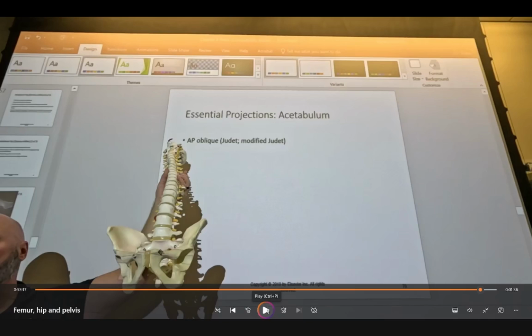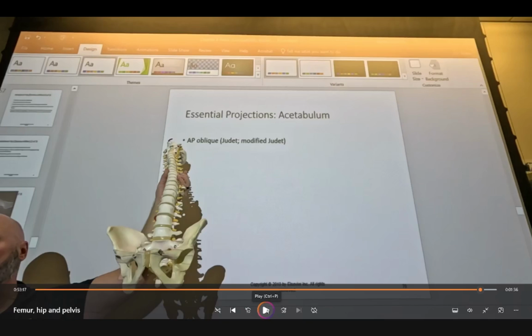So how do we get another view 90 degrees from that? If you flip over to page 404, if we have an outlet view, then naturally we're going to have an inlet view. So this will be a superior-inferior axial projection. The outlet view was an inferior-superior axial projection.